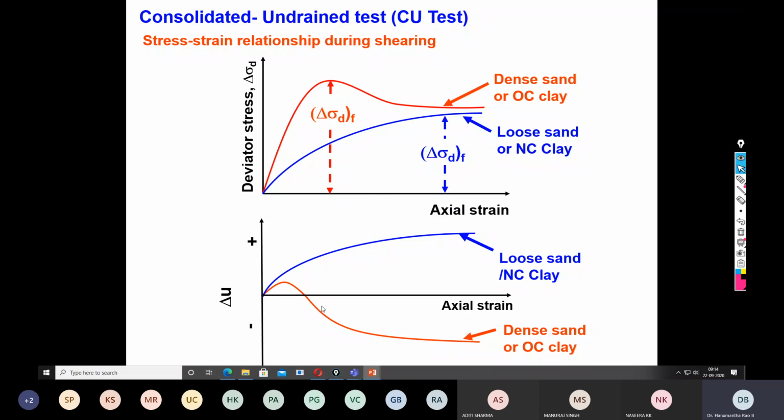Since in the CD test we did not measure any pore water pressure, we did not receive this kind of diagram. But in case of loose sand, the pore water pressure is always positive. In case of dense sand, the pore water pressure is initially positive, followed by negative.